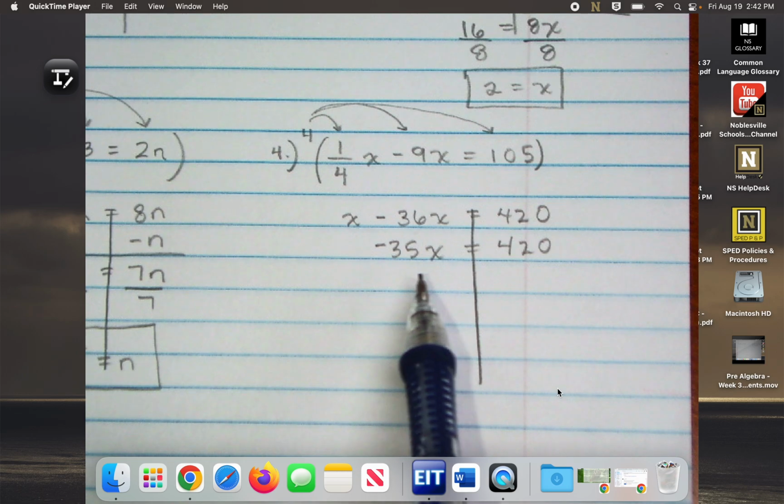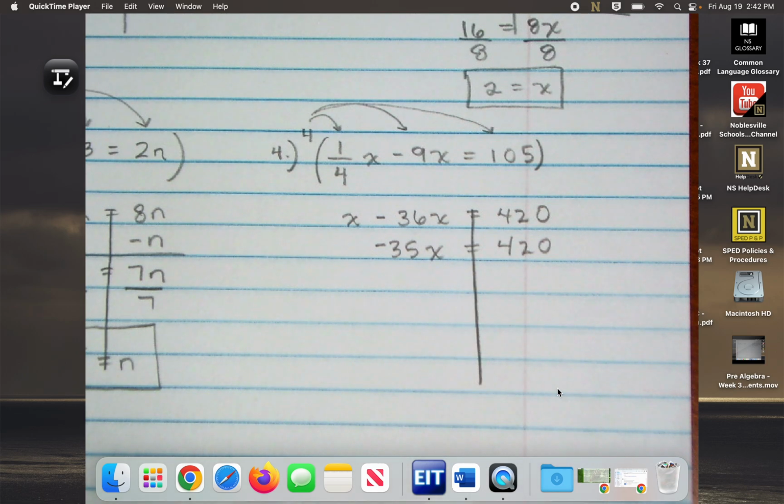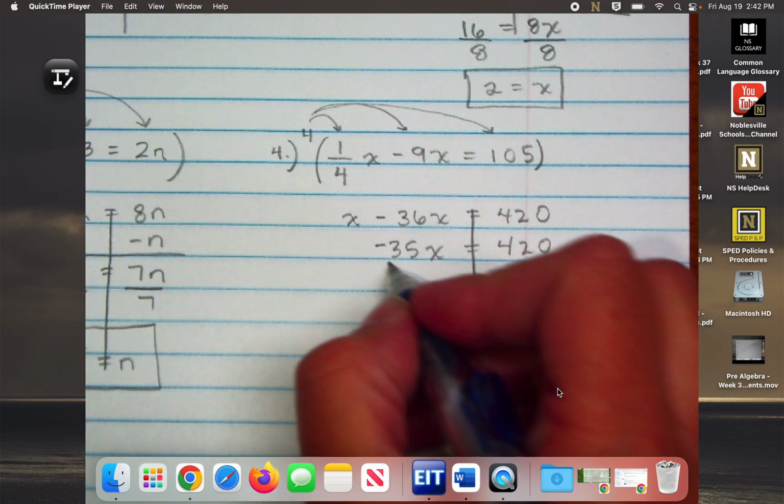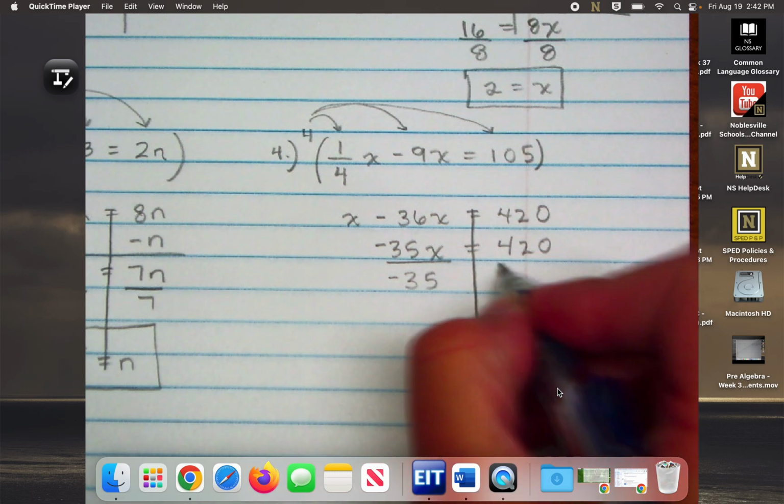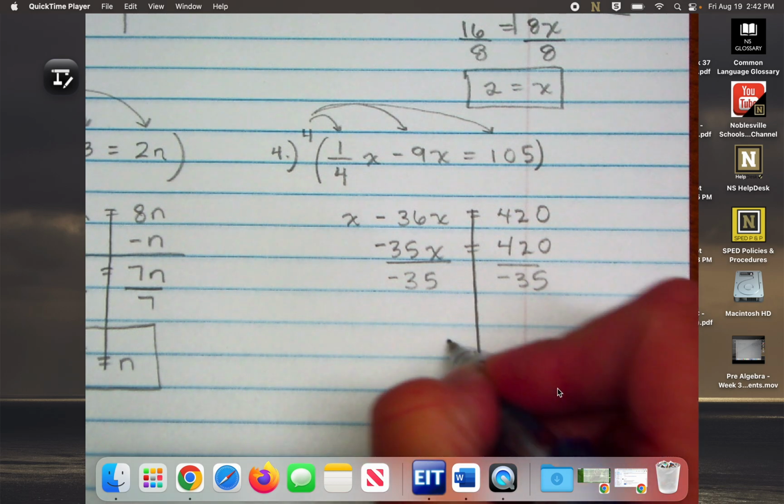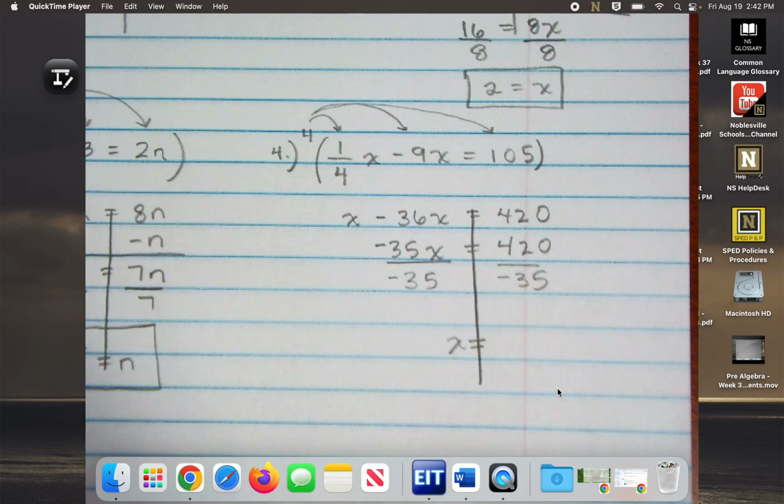I have negative 35x equals 420. Divide by negative 35. x equals something around 15. 15.8. It's not a decimal.